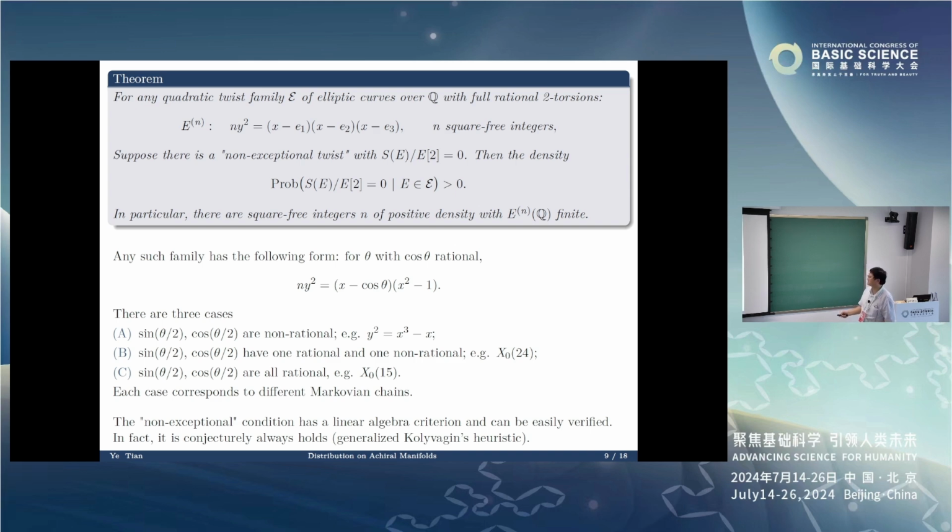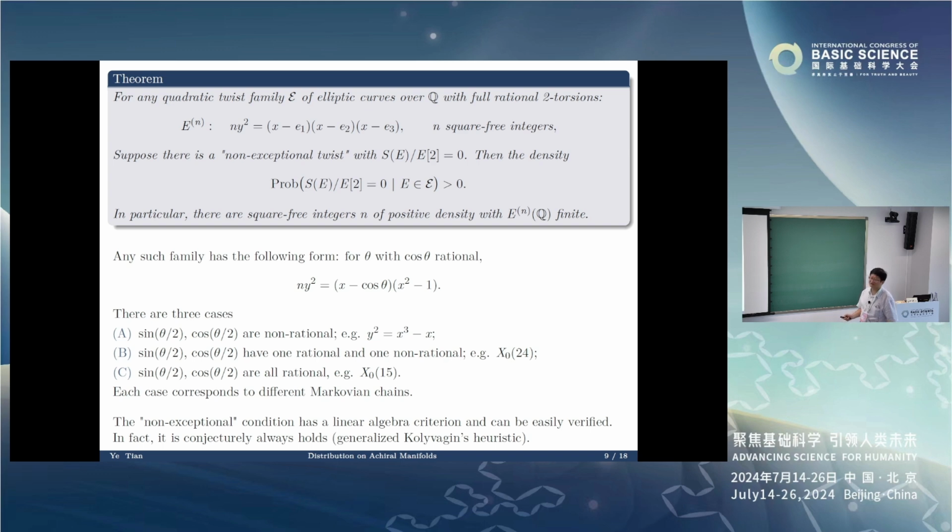This non-exceptional condition just means some twist with a prime factor outside the discriminant of E, the original E. So it has a linear algebra criterion over F2 and can be easily verified.